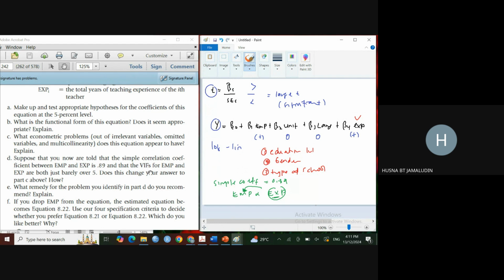VIF, remember as I mentioned to you, there are three numbers. Sometimes they say that when you have VIF 4 and above, you're going to have a serious multico, 8 and above or 10 and above. So here, just barely over 5 means that it is not even 8. Okay, because they take 8 as a severe multico.